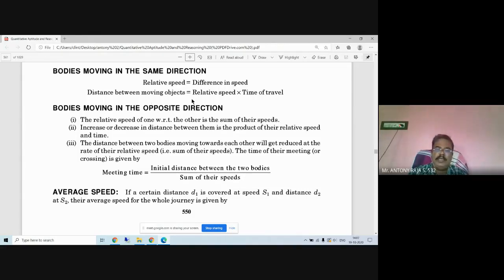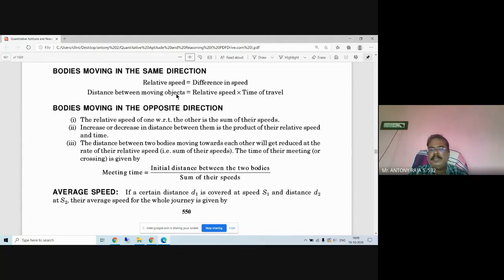Distance between moving objects. What is the formula? Speed, velocity, is distance divided by time. Distance divided by time is the speed formula. Distance between moving objects is equal to relative speed multiplied by the time of travel. So these two formulas are important.